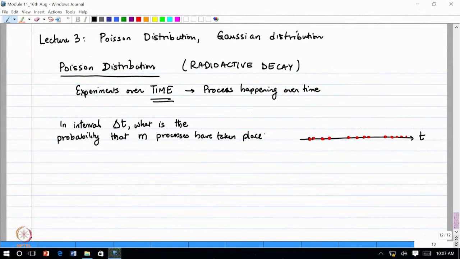If this process is radioactive decay, then what is the probability that exactly m atoms have decayed in interval delta t? It is very important that when you say m, you mean exactly m.